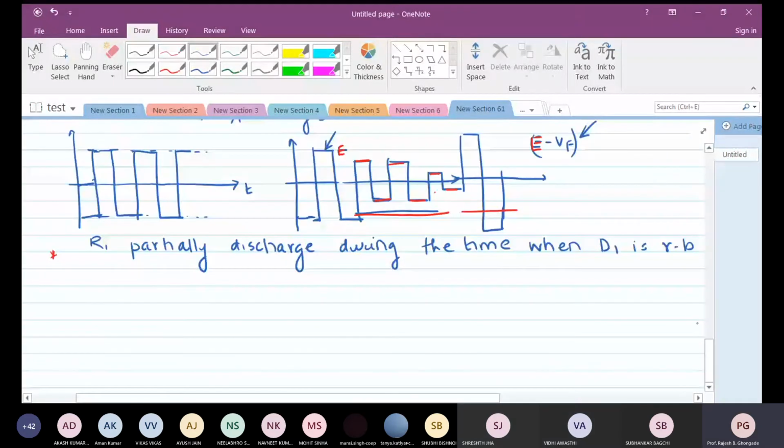Because of this, you get some certain tilt in the output. So the output is not an idealized waveform.